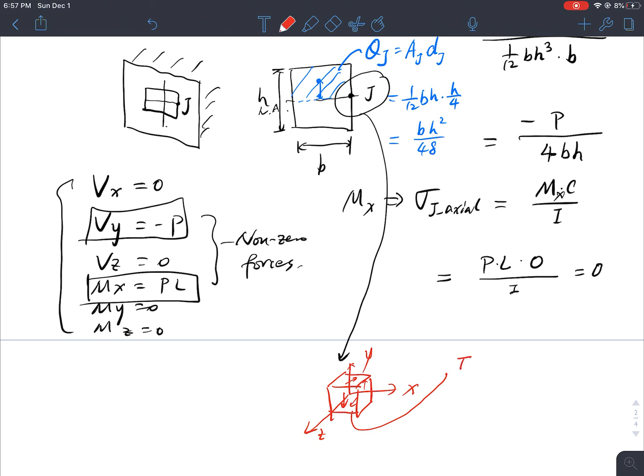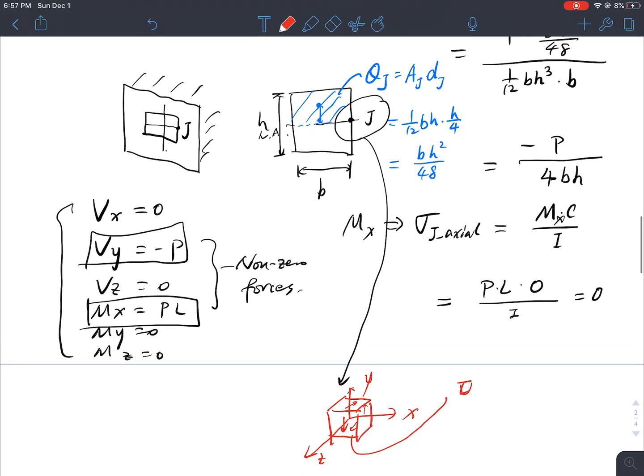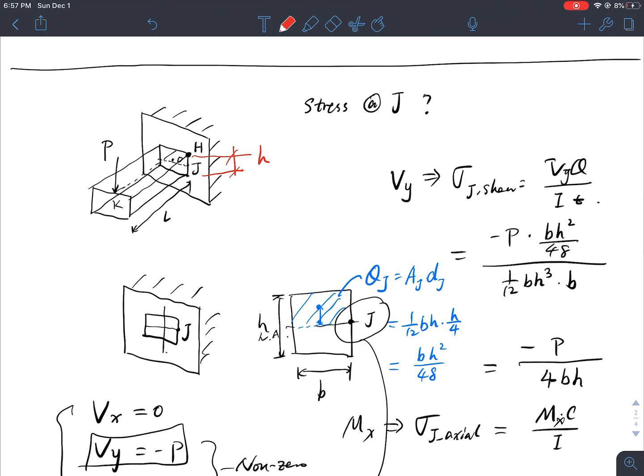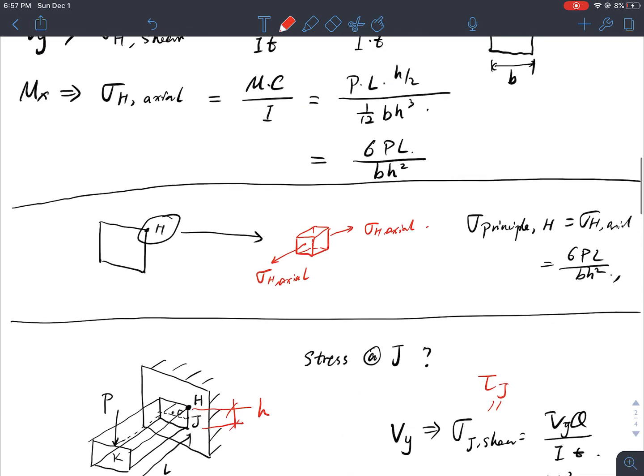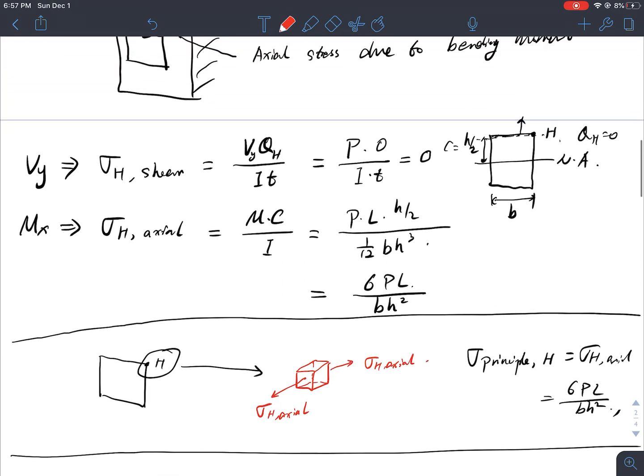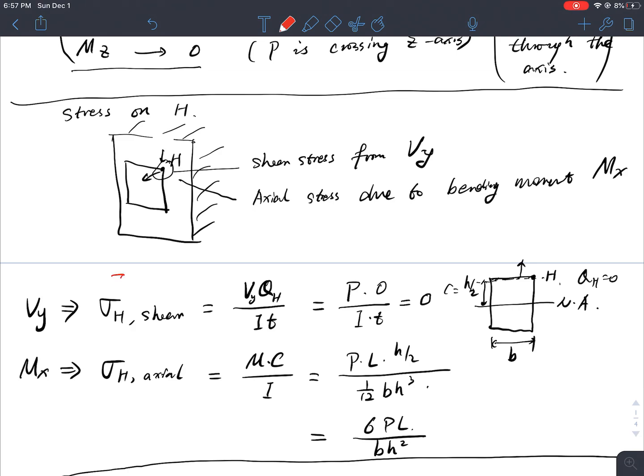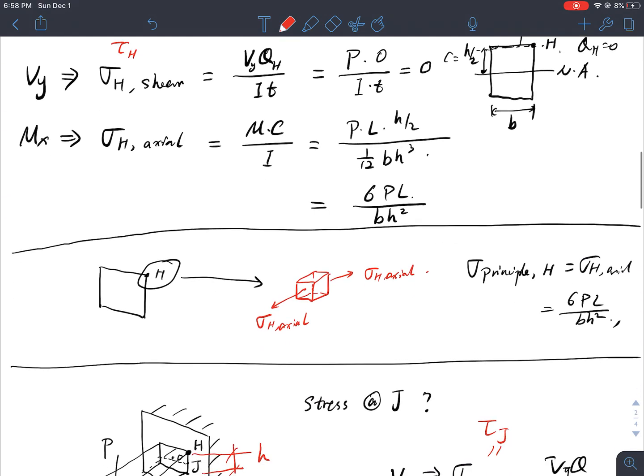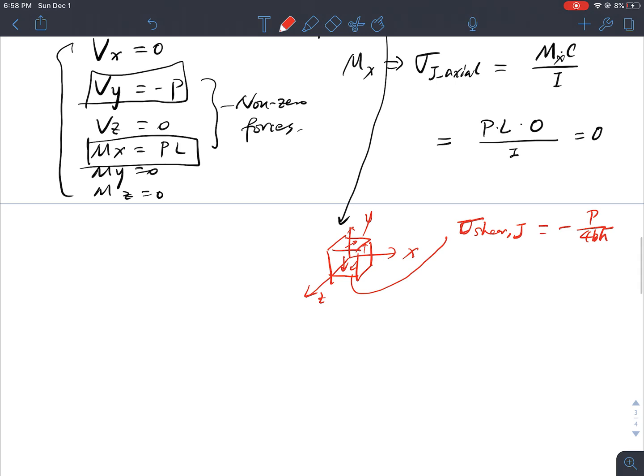This is actually my tau or sigma shear J, which is equal to negative P over 4bh. Shear stress. I'll make a correction here, sorry about this. This is basically tau J.